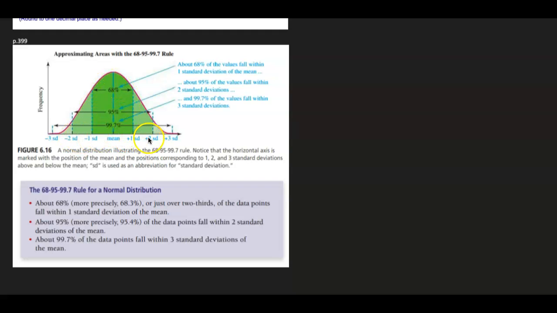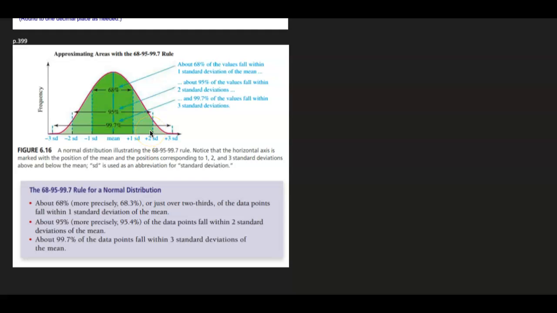But if we go 2 standard deviations out from the mean, so if you see here this little bit longer line, 2 standard deviations out, 95% of the values fall within this region, under the curve. So this medium green, darker green region together is 95%.